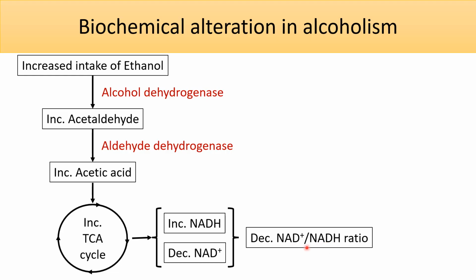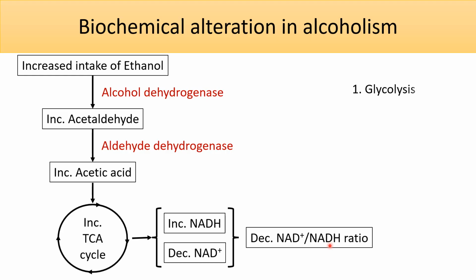So our system will try to reduce any pathway which is involved in production of NADH when you have a picture like this. That is, when there is a decreased NAD to NADH ratio, then all the pathways involved in increased production of NADH will be inhibited.